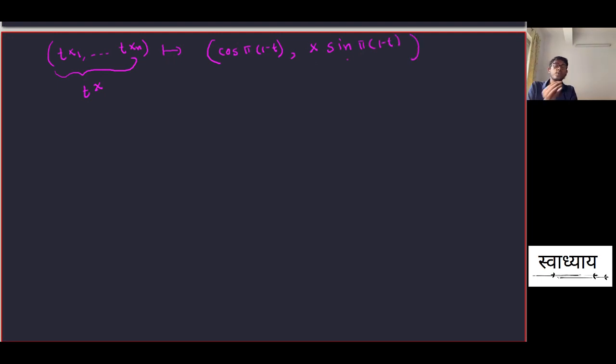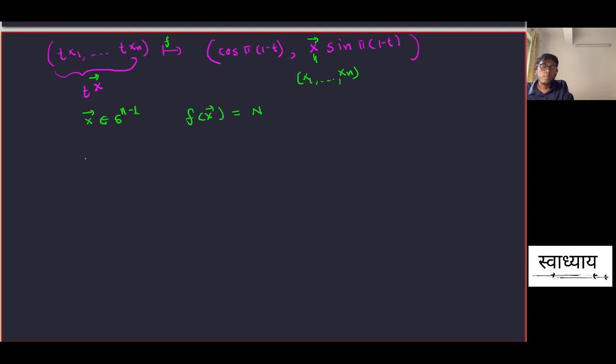So this means x1 times sine pi (1 minus t), x2 times, x3 times, xn times. So what we saw, let's write this in vector notation, x means x1 dot dot xn. If x is in S^(n-1), then f of x is equal to the North Pole.